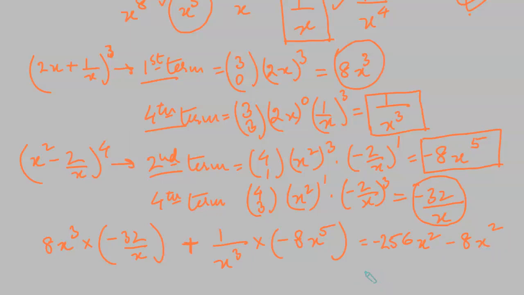So we are having a negative coefficient. 256 and 8 is equal to 264. So it is negative 264 x to the power of 2. And this negative 264 is our answer. This part is our answer because they have asked for the coefficient. Had they asked for the whole term, our answer would have been negative 264 x to the power of 2. Okay.